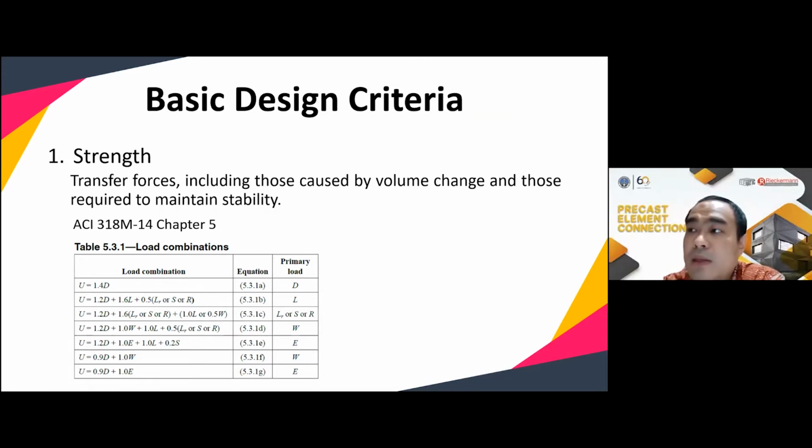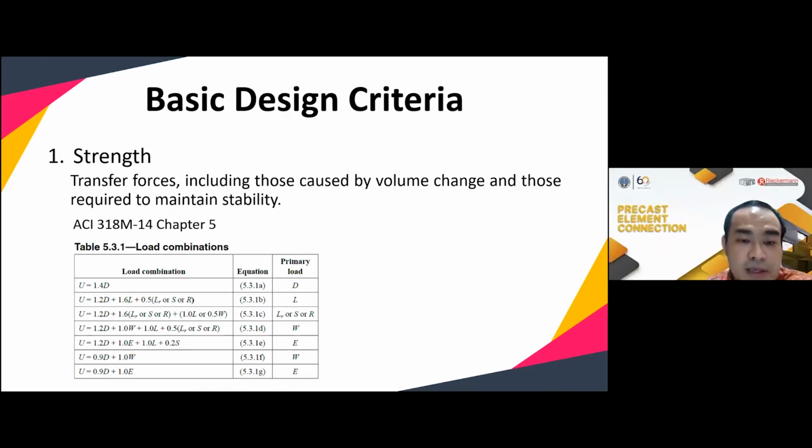The ACI code now is already 318-19, but since in Indonesia our reinforced concrete code SNI 2847:2019 still adopts ACI 318-14, I took this from ACI 318-14.